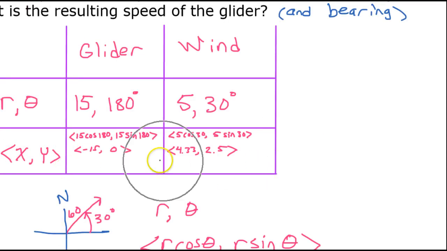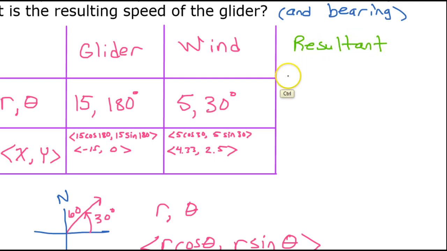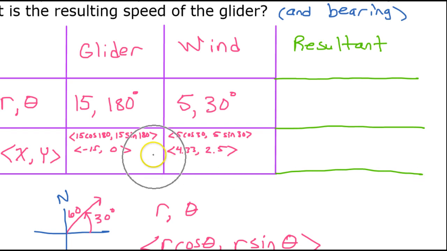So for the resultant vector, which we'll do the calculations for over here, all we have to do is add these up.